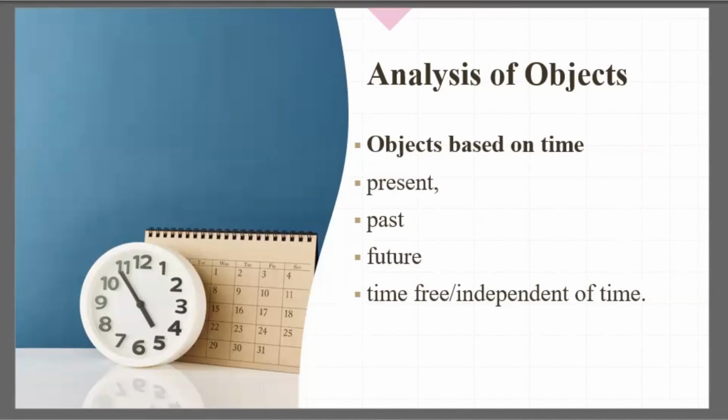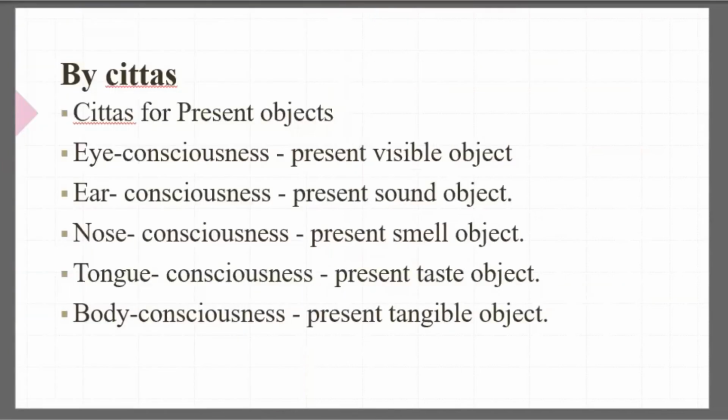Okay, let's move on to the classification of the objects. First, we pay attention to Dvipañca Viññāṇa: eye consciousness, ear consciousness, nose consciousness, tongue consciousness, body consciousness.